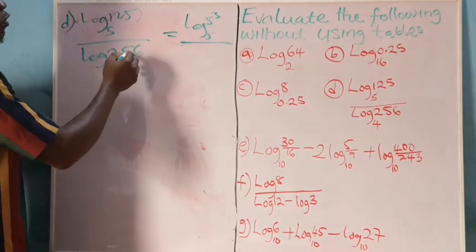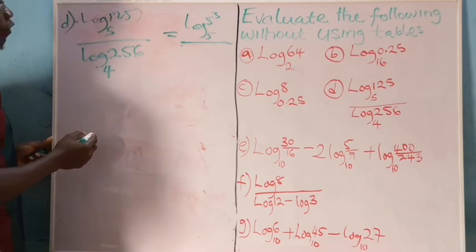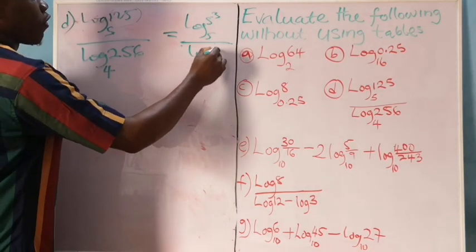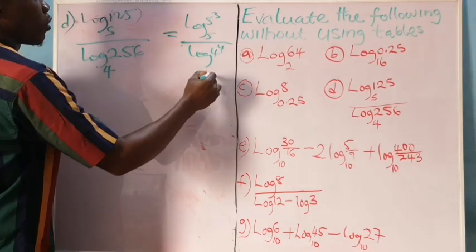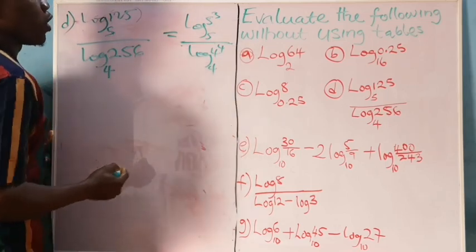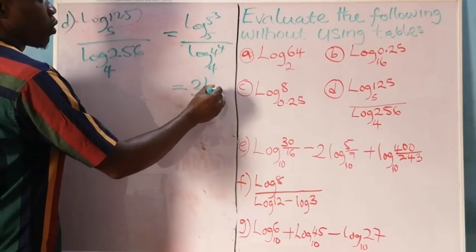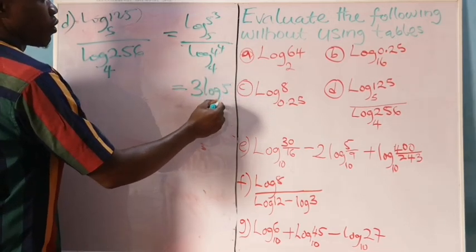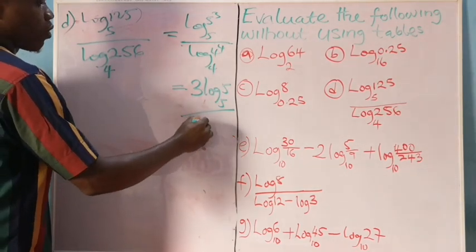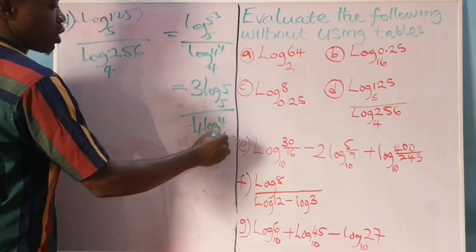We are going to rewrite 256 in index form so that the base will be 4. Now we have log 4 raised to power 4 to base 4. Okay, now we are going to apply power law over here so that we now have 3 log 5 to base 5 all over 4 log 4 to base 4.